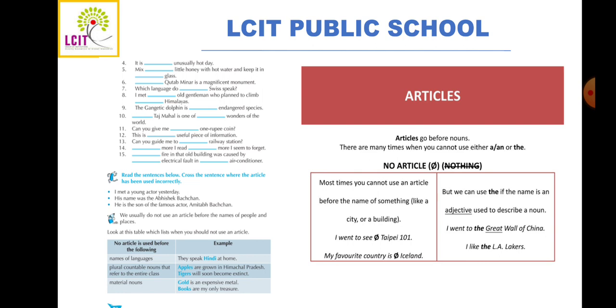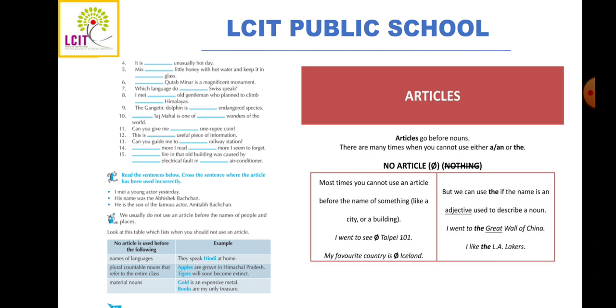So there are certain rules and regulations while making a sentence using articles, whether one should be used or not. We need to keep all this in mind, and the tables shown here are going to help you identify when an article should be used and when it should not be used, where it should be used, what kind of sound we need to understand, whether a will be used here, an will be used here, or the definite article the will be used here.